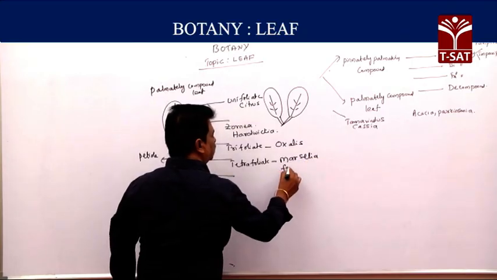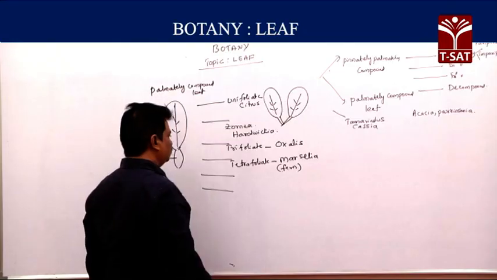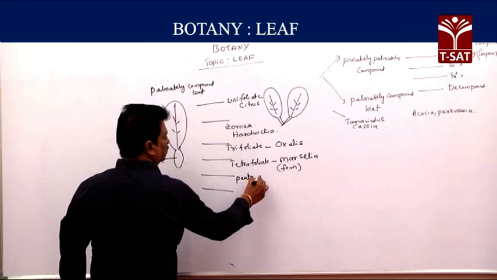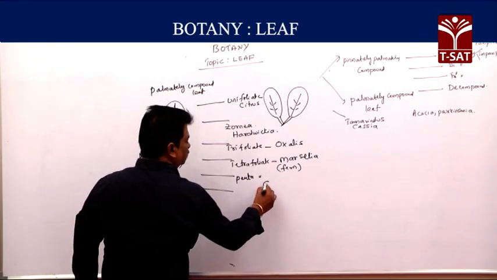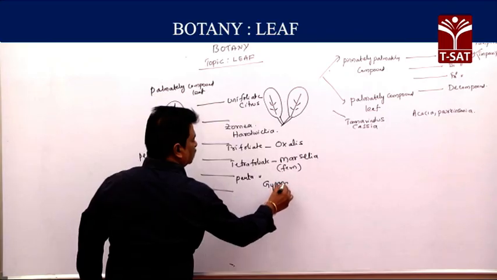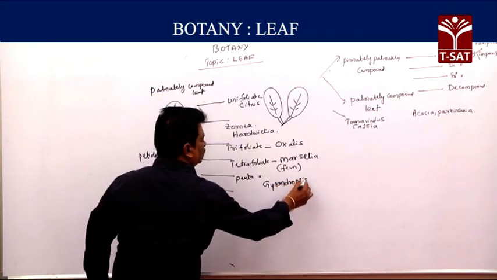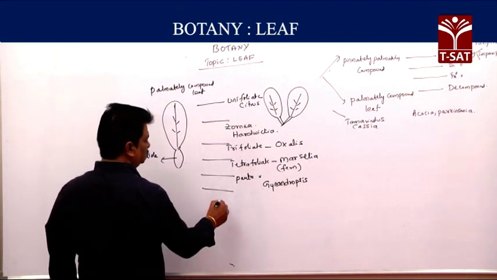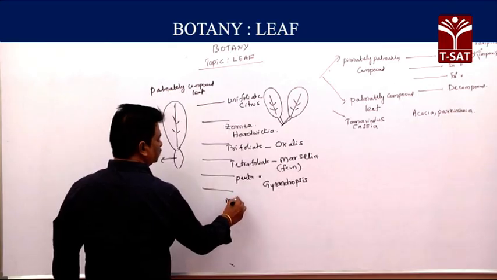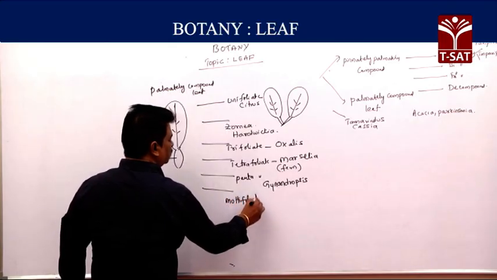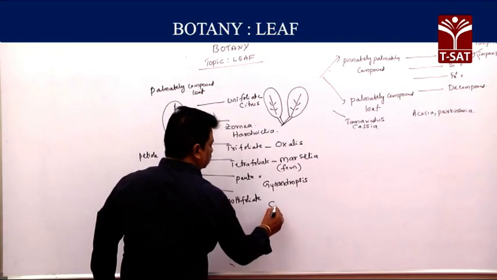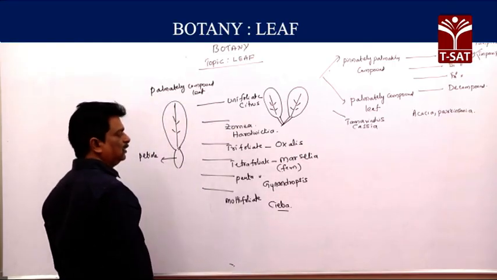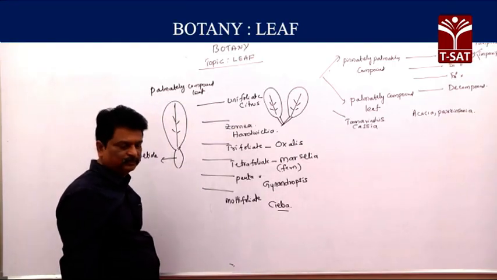Example for tetrafoliate, pteridophyte, which is a fern. Then pentafoliate, there are 5 leaflets at the tip of the petiole. Example for pentafoliate is Gynandropsis, and if more than 5 leaflets are present, it is called multifoliate. Example for multifoliate, Ceiba, common name is silk cotton.